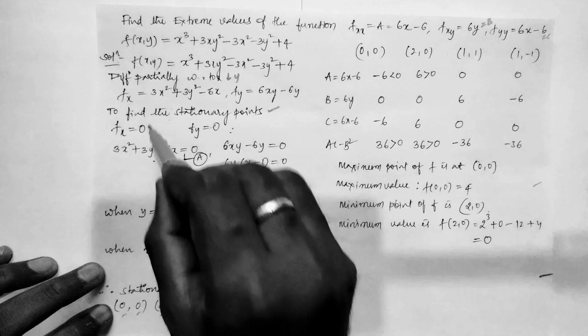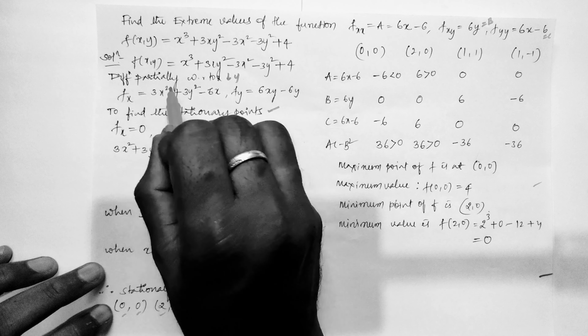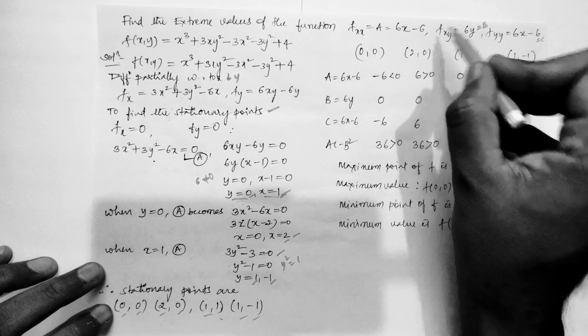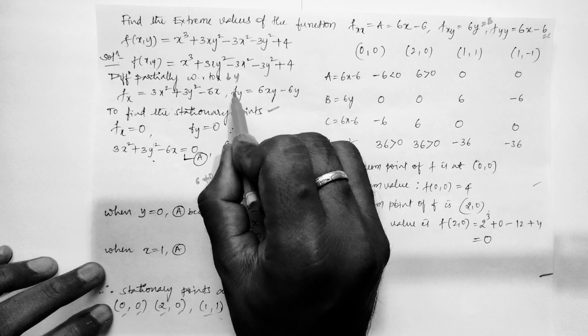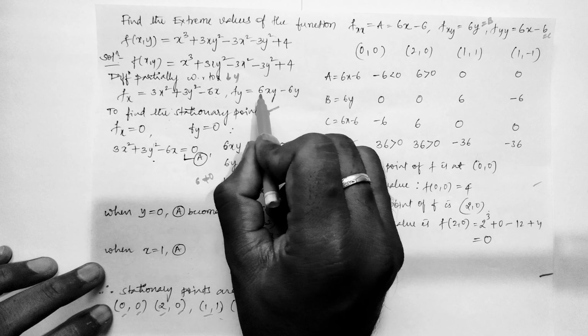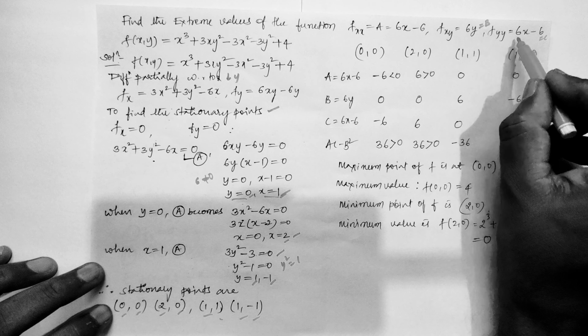You already got the value of fx. You differentiate it again with respect to x. You will get 6x minus 6. Again, you differentiate fy with respect to y. What will you get? You will get 6x minus 6.